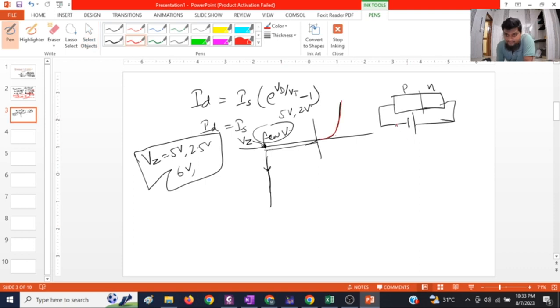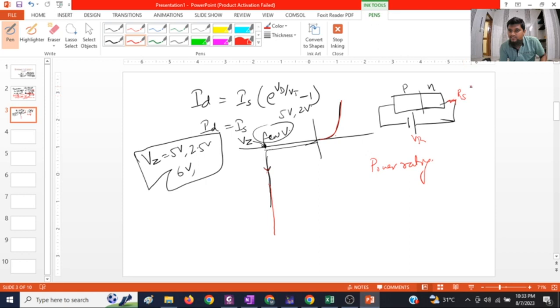However, these Zener diodes also come with a rating called the power rating. Because at this point Vz is constant, but if you increase the reverse bias, the current will increase, and the current will probably be decided by the external circuitry, what is the series resistance RS.